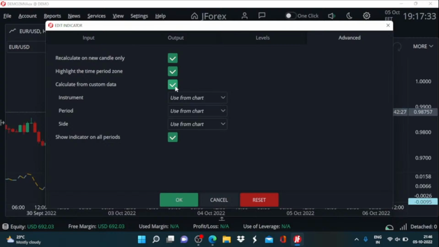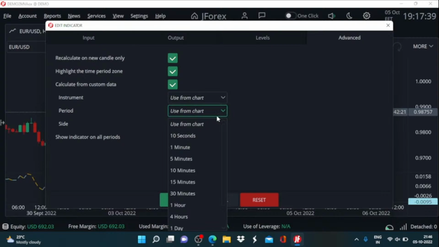Calculate from custom data. Again, we get this option of defining the calculation period. It can be similar to use from the chart. In that case, whatever the chart's candle period is, it will be used as the candle period for the calculation of the indicator also.